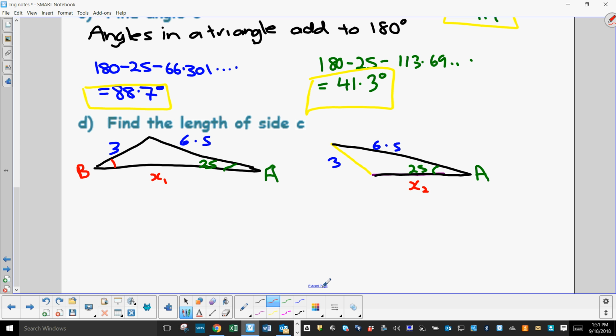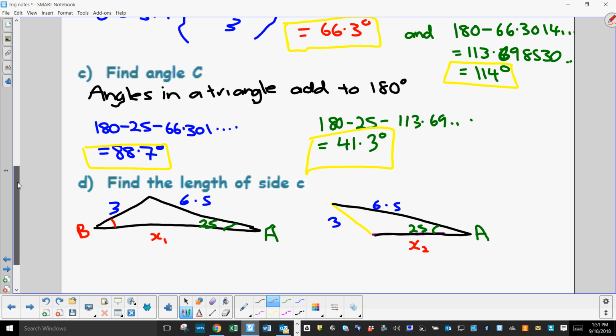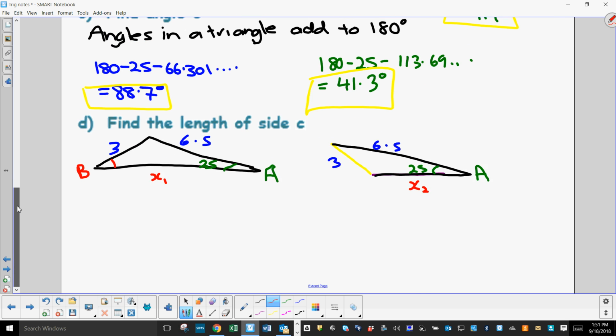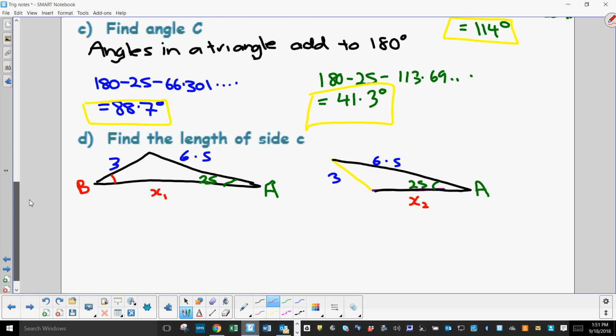So I need to put in the angles. That's what I've been avoiding doing. Putting in angle B, 66.30 and so on.